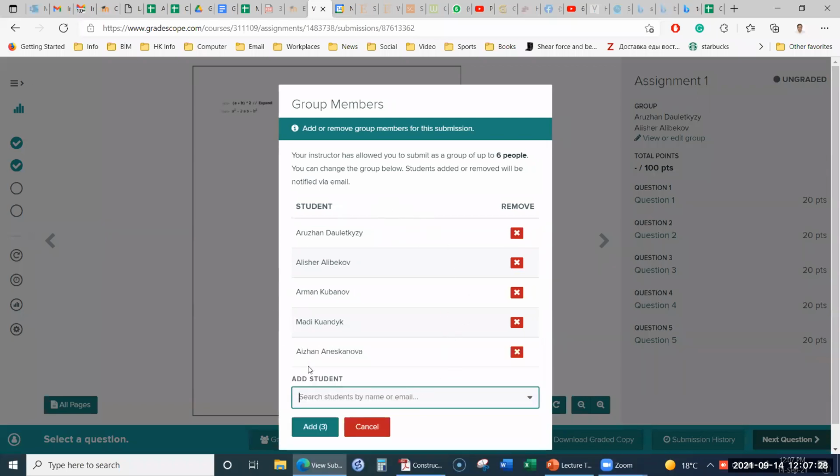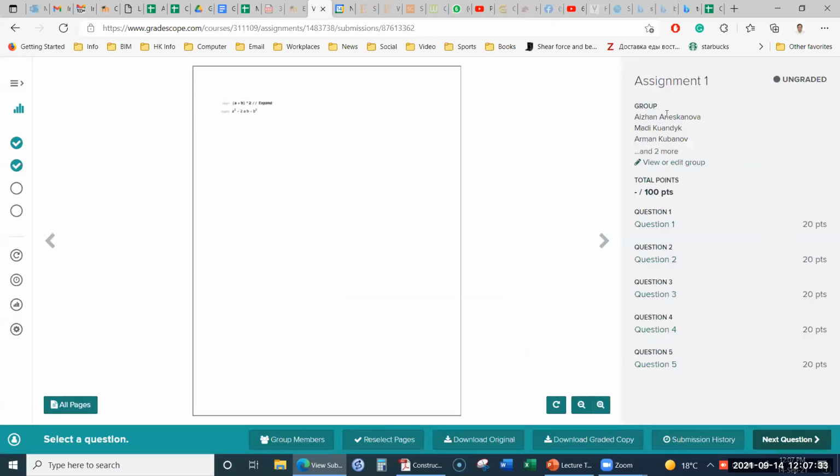Once you see all those names, you can click add, and then all of your group members' names will be added. So I think you have to do these steps in this system to add your groups over here.